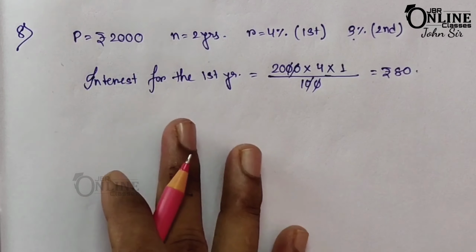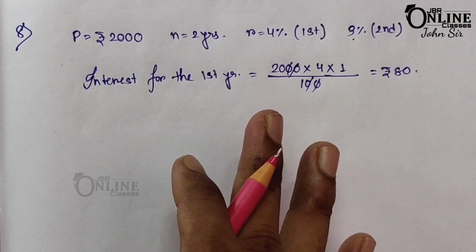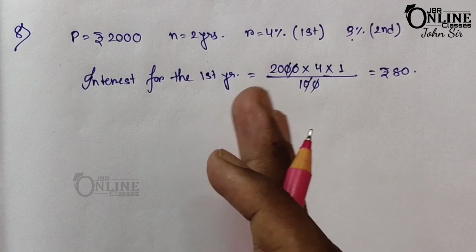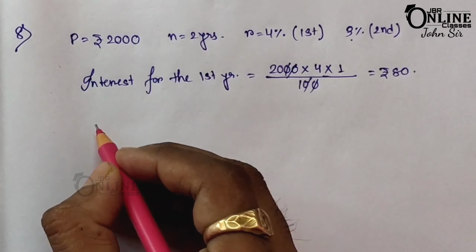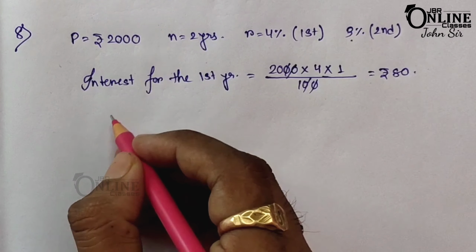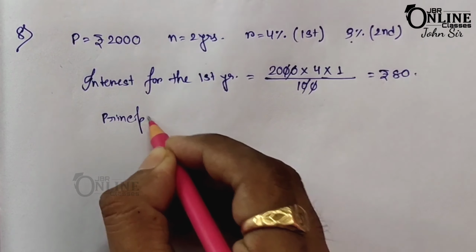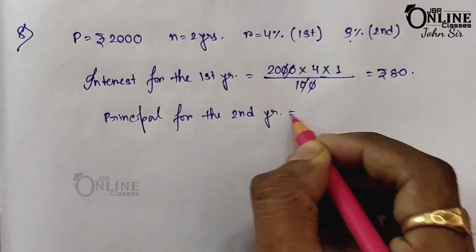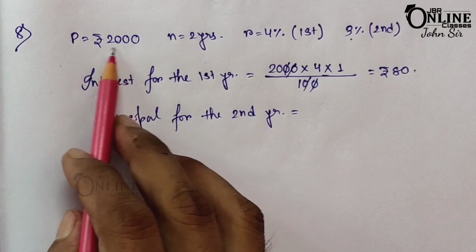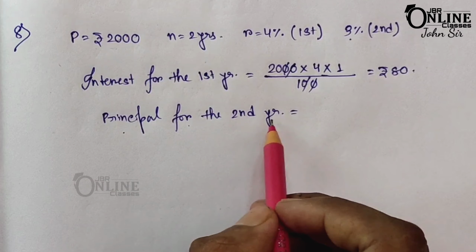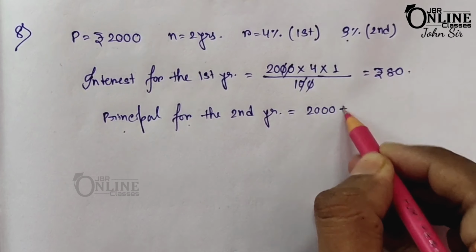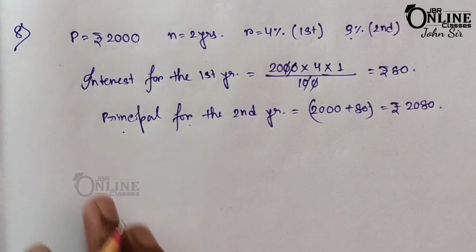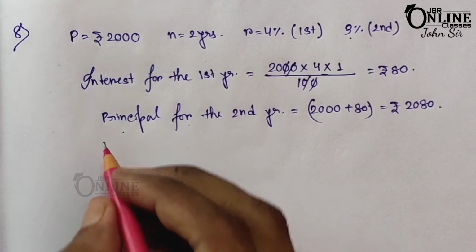Now, as you know, in the problem of compound interest, the principal changes after every year. For the first year it will be 2000, then the principal for the second year will be 2000 plus 80, and it becomes 2080. Now you have to calculate the interest for the second year.